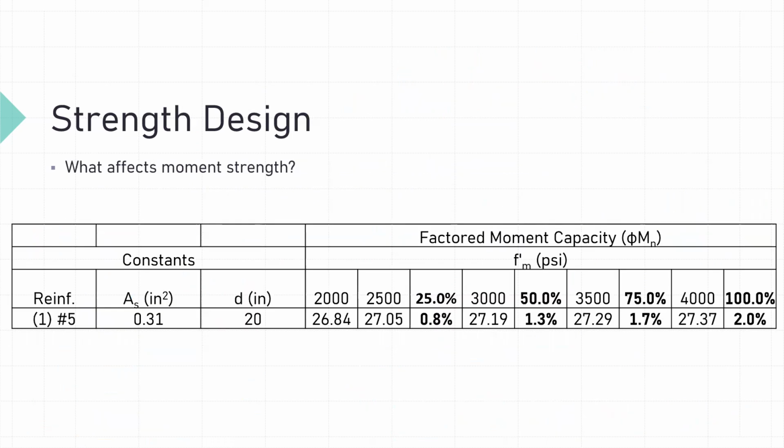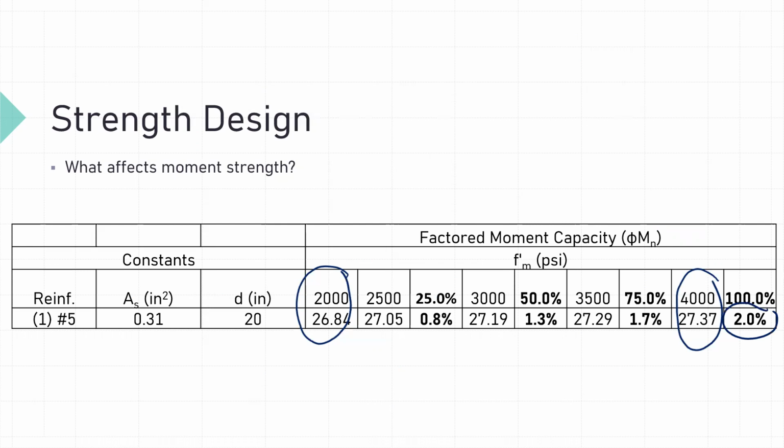In terms of what affects our moment strength, f'm has been brought up a couple times. And so I plugged in some numbers for that specific beam. If we increase our f'm from 2,000 to 4,000 PSI, which would double the f'm, so a 100% increase, it actually only affects our moment capacity by 2%.